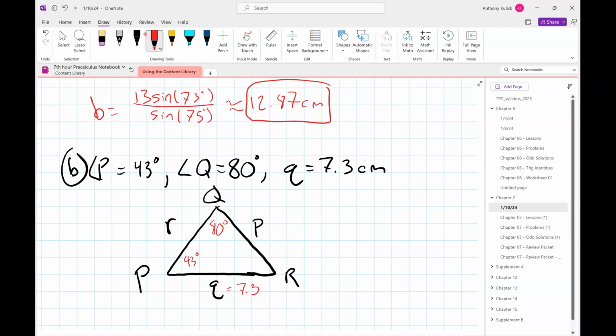Angle, side, angle, angle, angle, side, side, angle, side, side, side, angle, or side, side, side. Nobody objected when I asked them if they could do this, and now nobody wants to do it. Somebody take a risk. What is it, Nora? That's correct. Which tells me I need to be doing law of sines.